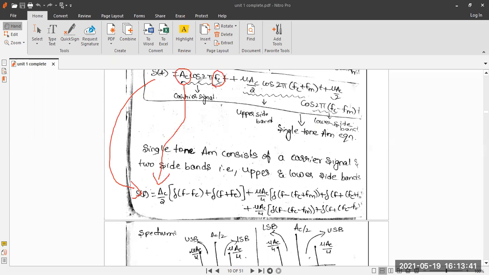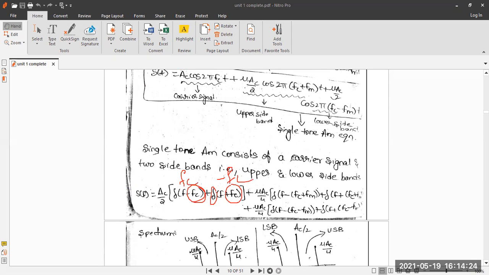If we apply the Fourier transform to the cos signal, we get an impulse signal, a delta signal. The Fourier transform of cos 2 pi fct is an impulse function at fc and an impulse function at minus fc. The derivation was already done in signals and systems, that's why we are writing it directly.